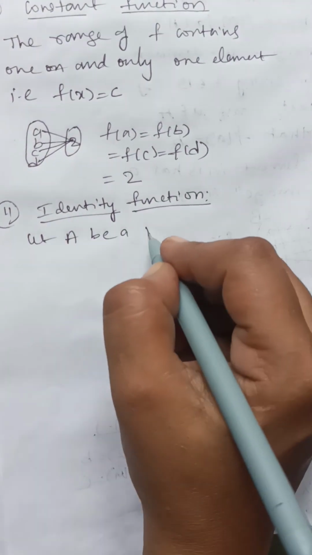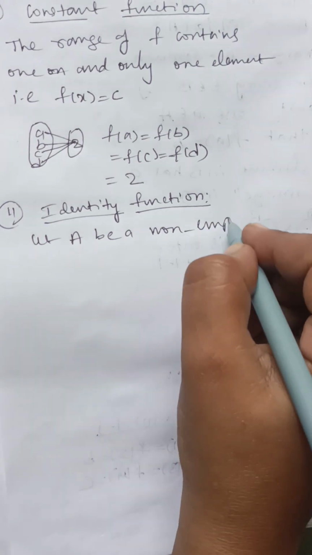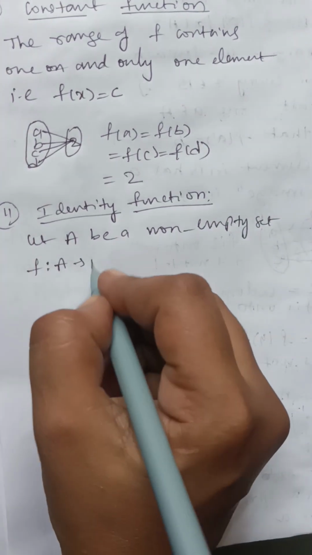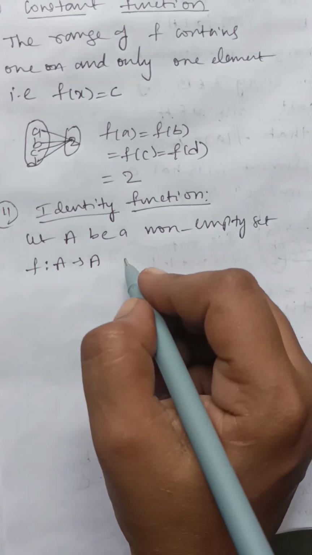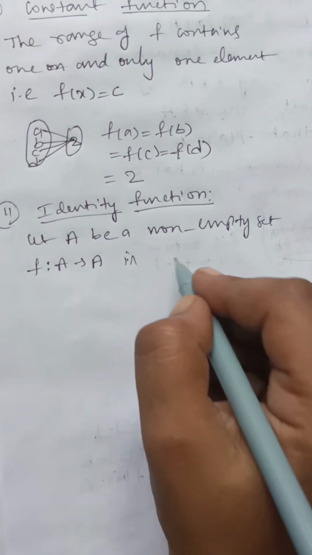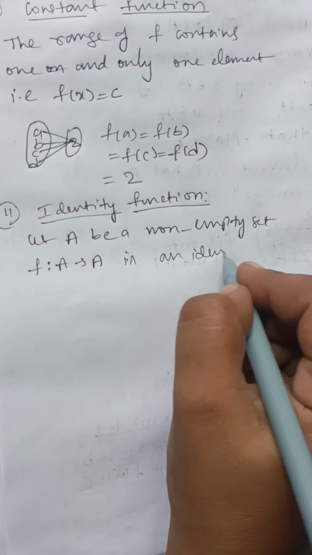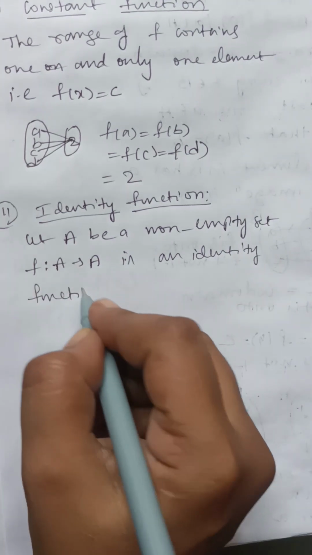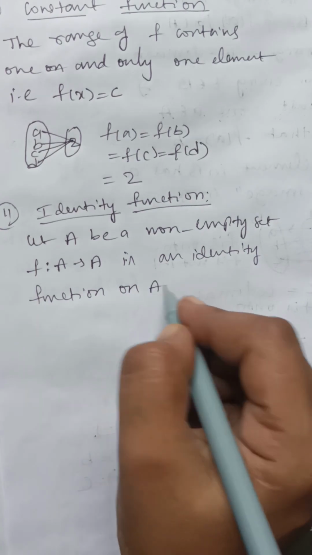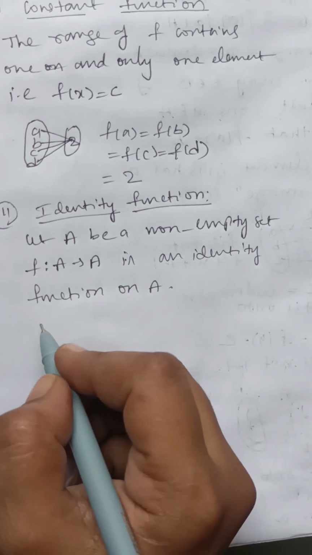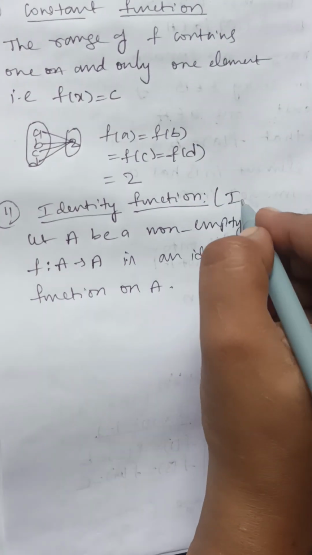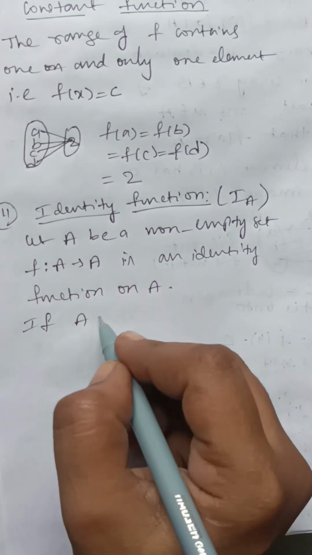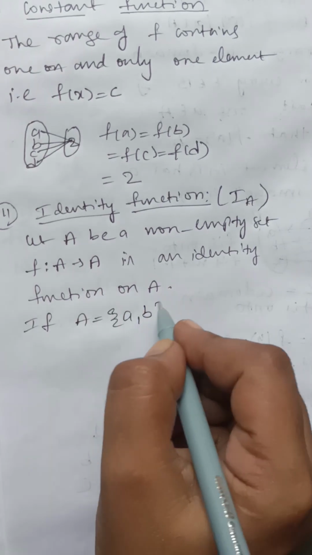Next one is identity function. Let A be a non-empty set. F maps A to A is called an identity function on A. It is denoted by I_A.